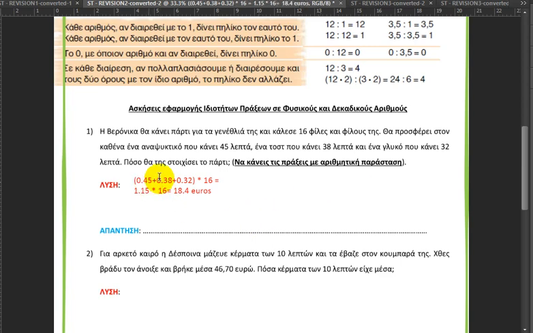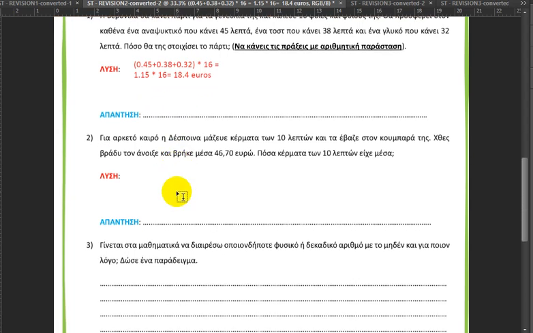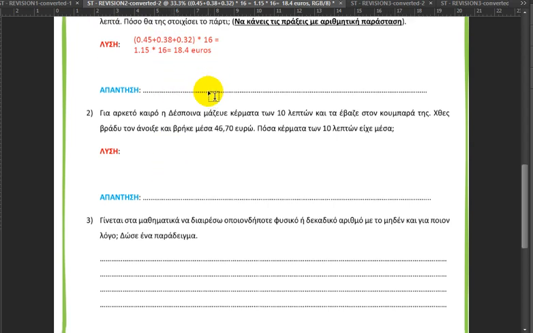Also, if instead of 0.45 you just wrote 45, 38, 32, you got your answer in cents. So you probably got 1,840, and you may have wondered how it is possible it costs that much, which you could have turned into euros after finding it in cents. That could have worked as well.